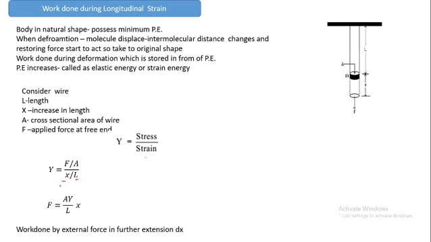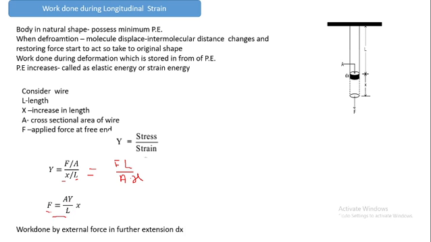So Y equals F into L divided by A into X. From this equation we can derive F: move AX to the left side and divide by L. So we get F equal to AX divided by L into Y.